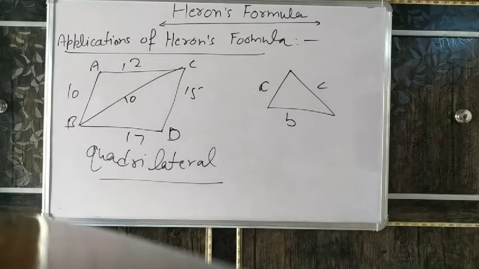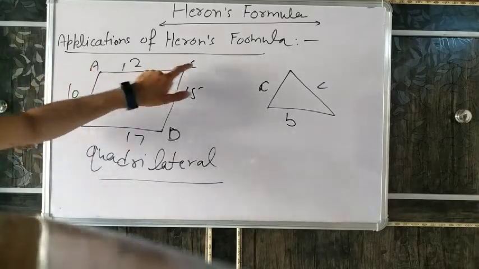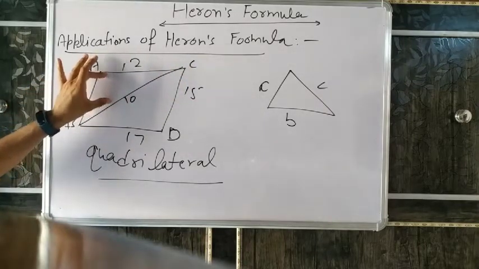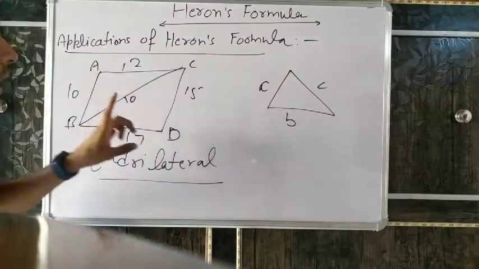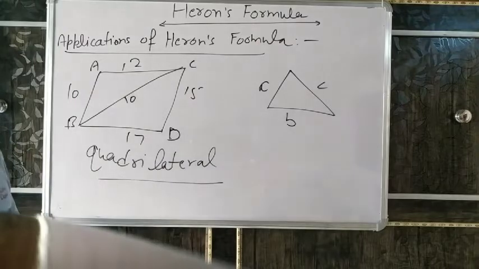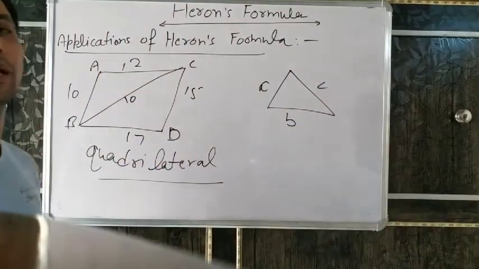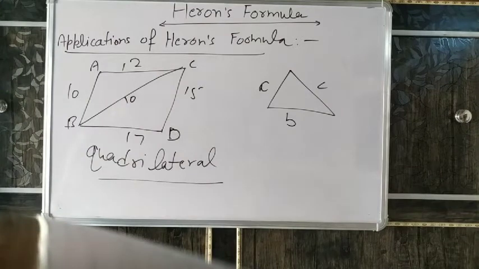Yes, the area of triangle ABC we can find easily by Heron's formula, plus the area of BDC. So there are vast applications of Heron's formula for finding the area of different shapes.